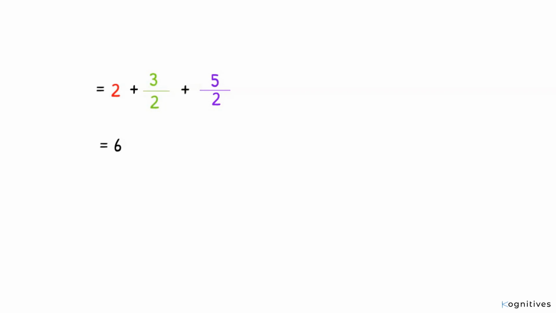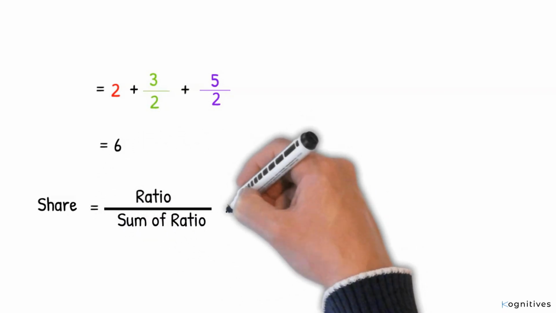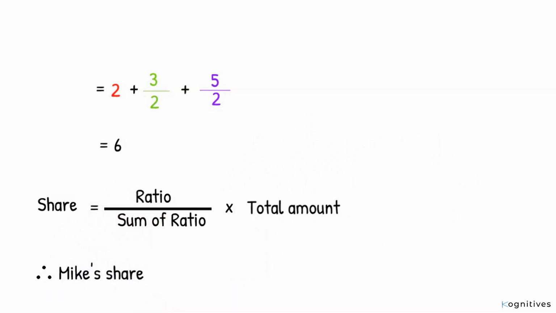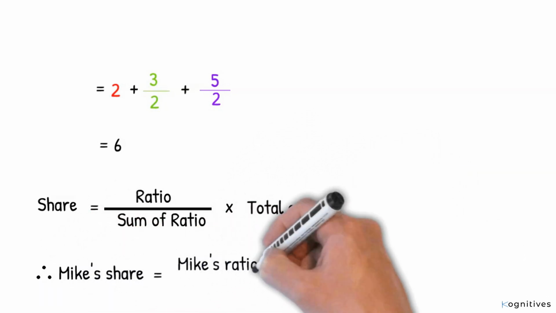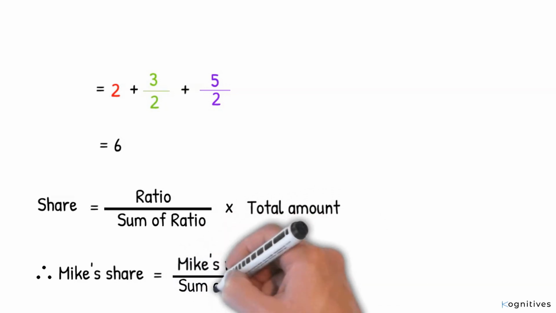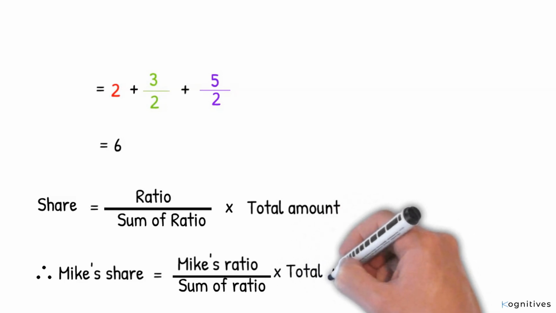Now, the formula to note when we are talking about ratio is that a person's share equals the person's ratio all over the sum of ratio times total amount. Therefore, Mike's share equals Mike's ratio all over total sum of ratio times total amount.